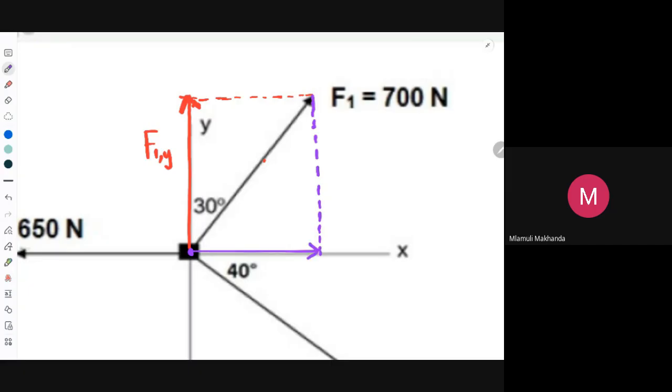That is our F1X. It is basically the x component of F1. So what we have essentially done is F1 was like this, and now we took out its y component, and then we took out its x component.